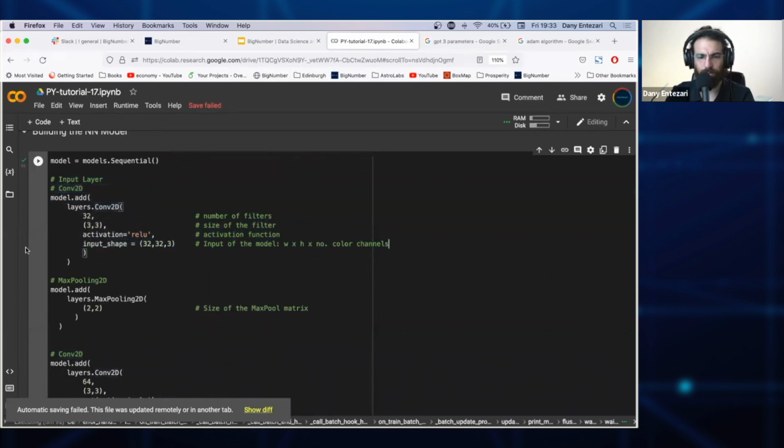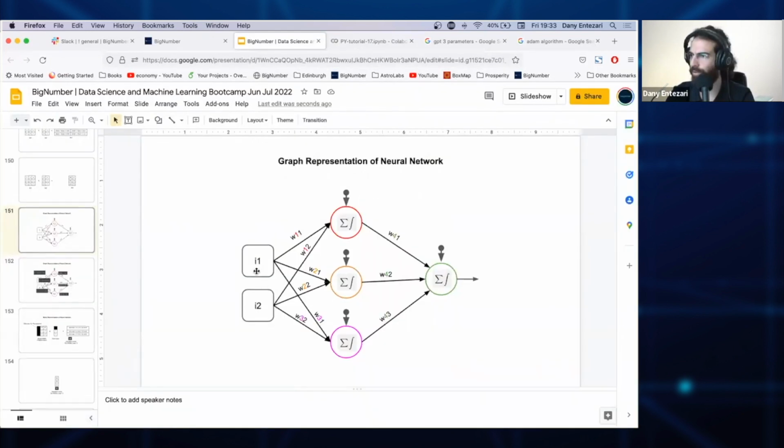Now, of course, for the input, we don't have a tensor. The input for this network is only 2 features. And the dense is 3. So we have 3 outputs.